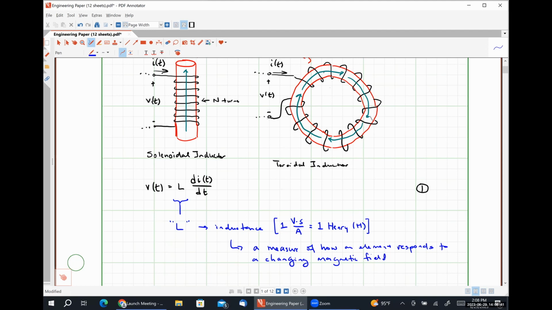And this quantity L depends on a few different things. It depends on the geometry. Typically speaking, coils have much larger inductance than straight sections of wire because they concentrate the field, and so they experience the change on a larger scale.